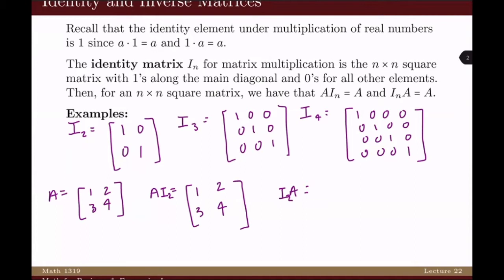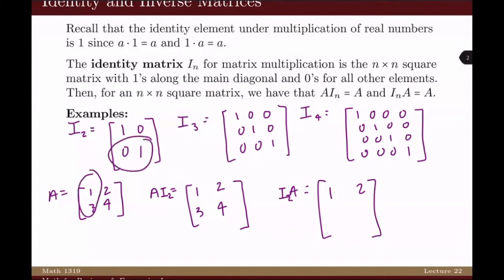So now we're going to do row 1 times column 1. So again, we get 1 times 1 is 1. And then we will do row 1 times column 2. So we'll get 1 times 2, which is 2. And then we will do row 2 with column 1.